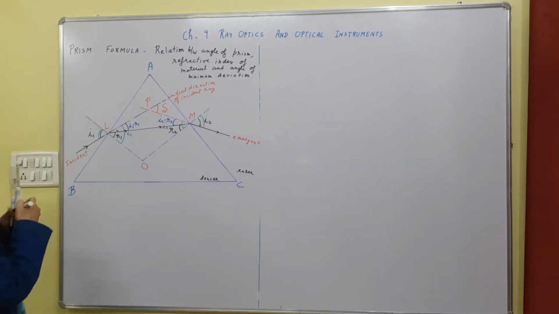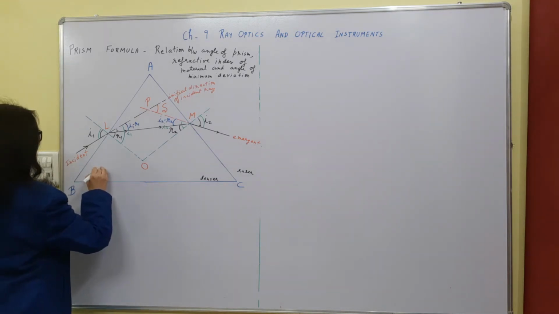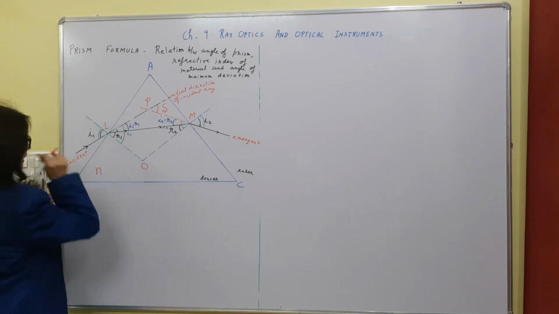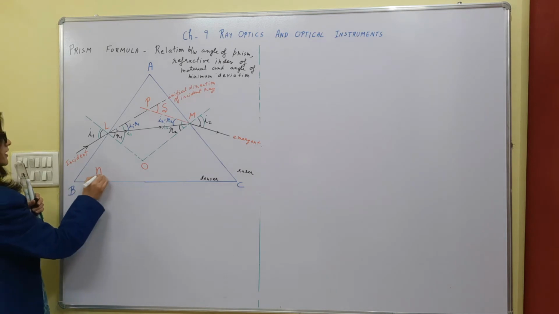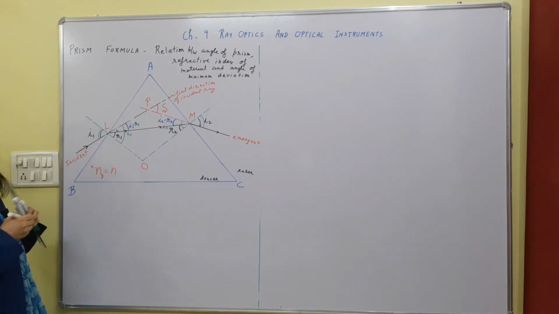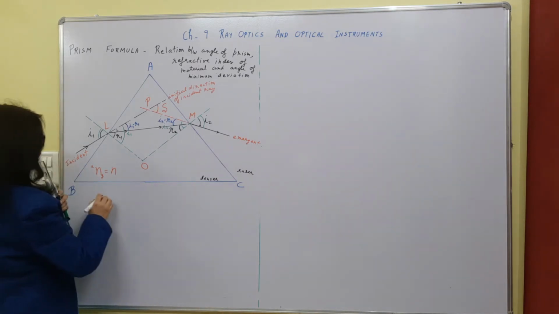Now, if the refractive index of this prism is N with respect to air, so simply we are writing N. Otherwise, if it is made of glass, we would have written glass with respect to air. So with respect to air, we can simply write it N. So how to write this?